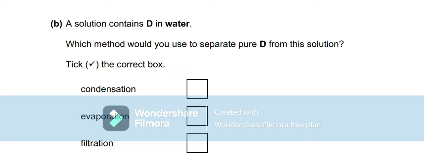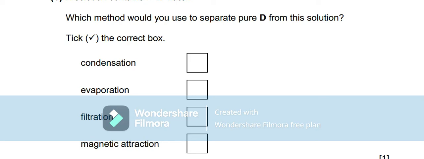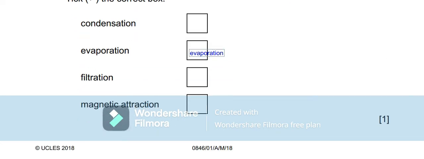For me to separate D from water, I need to use a method called evaporation. That is the method that I use. I evaporate all the water, then the salt will remain behind. So I use evaporation.